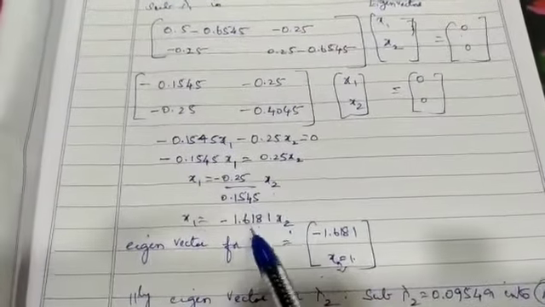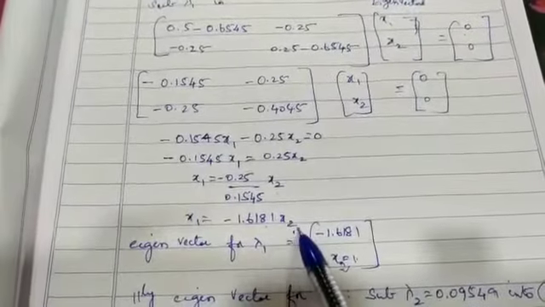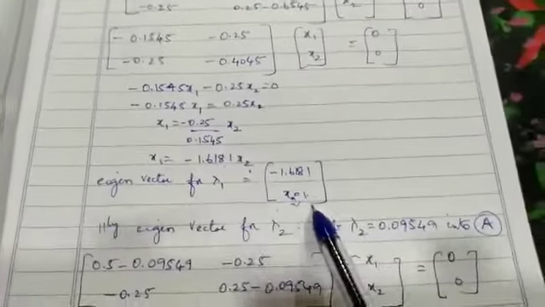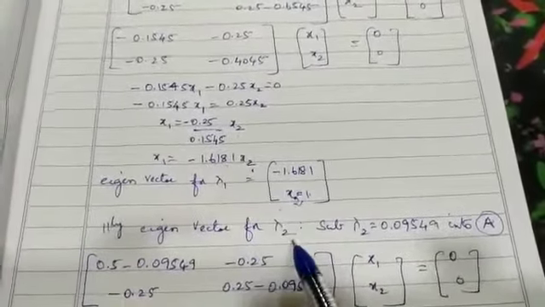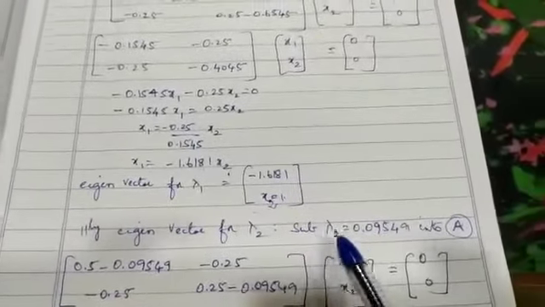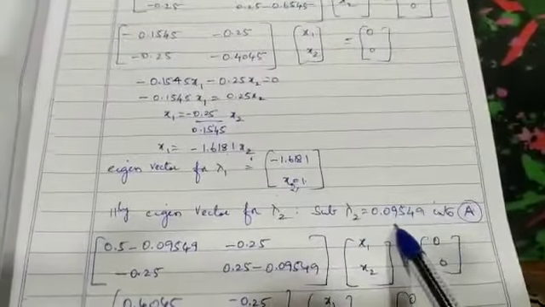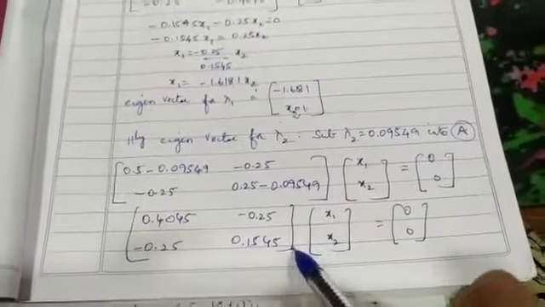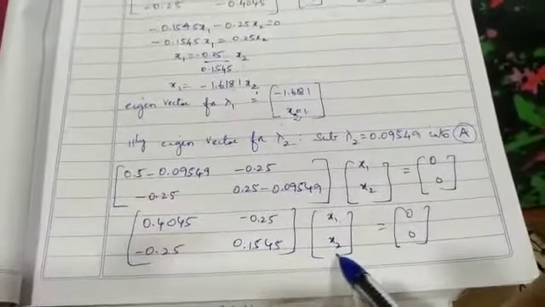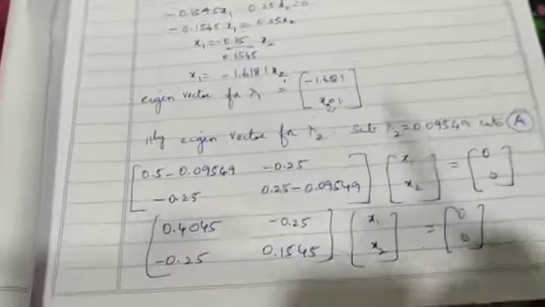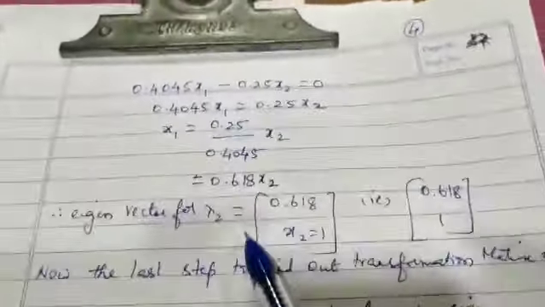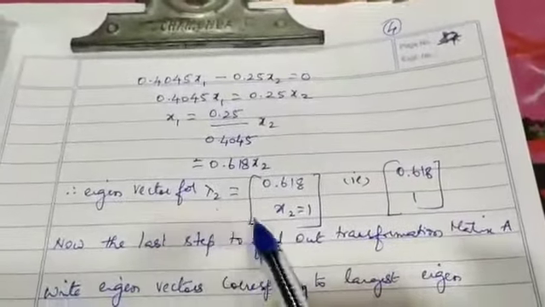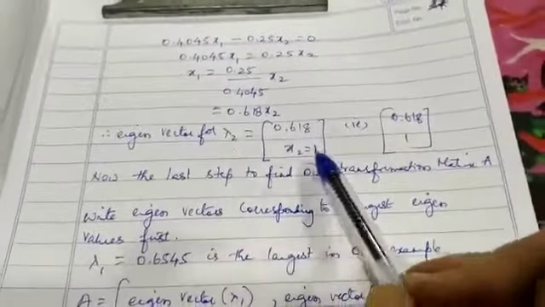And x1 is equal to this value, which is valid for x2 equal to 1. Similarly, for the eigenvector for lambda 2, substitute lambda 2 equal to this value into the expression A, and calculate the value of x1 for x2 equal to 1.